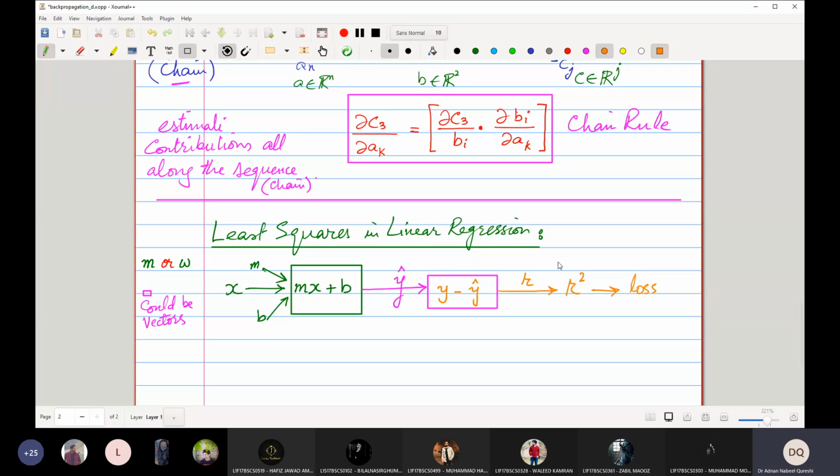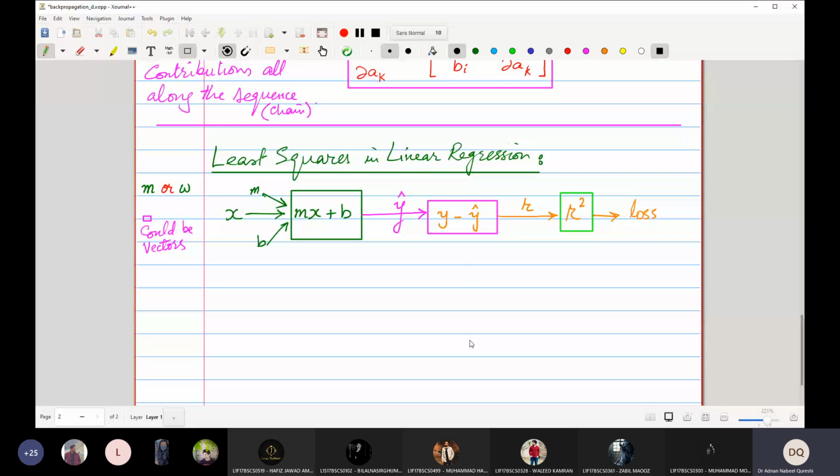Just to make it more good looking, when we are plotting it, we take the square. So now we can say that the loss is r squared. R squared is basically y minus y hat squared, and y hat is basically mx plus b.